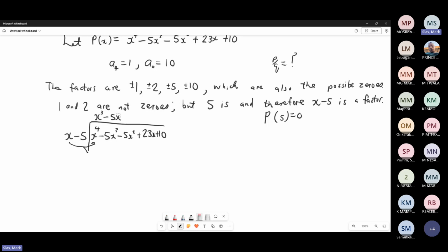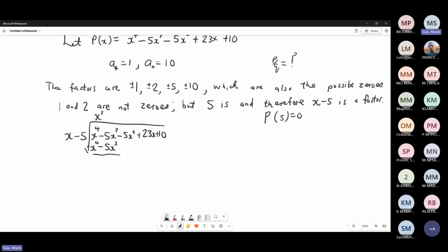Let me erase this here. Now again, like we did with the previous long divisions, we say x goes into x to the 4, x cubed times. x cubed times x is x to the 4, and minus 5 times x cubed is minus 5x cubed.